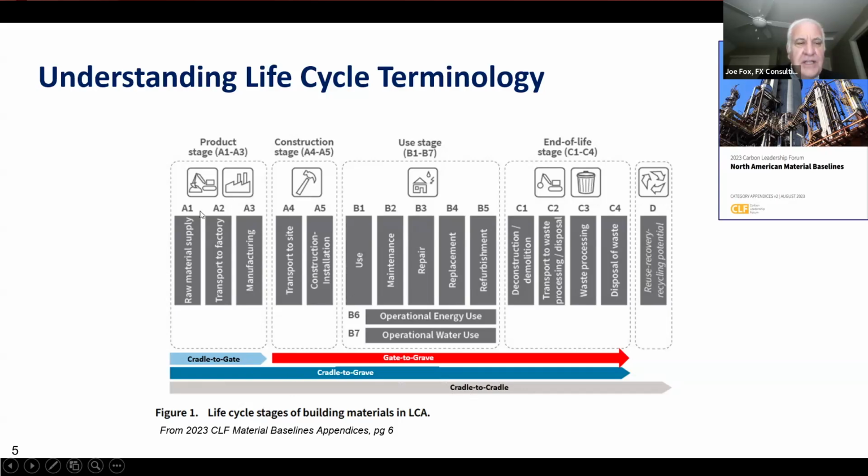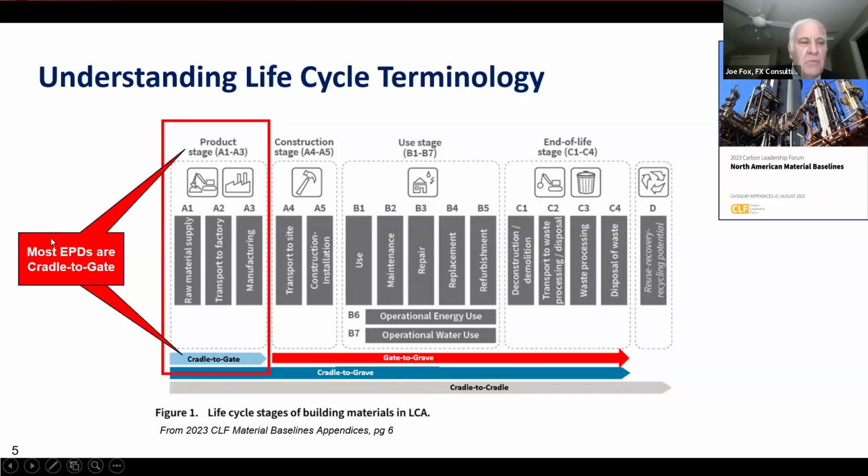It also contains these alphanumeric characters, which define the steps in each project or each stage. And I'll be using some of those alphanumeric characters during my presentation. And as I'll show here, most environmental product declarations, or EPDs, are for the product stage, also known as cradle to gate.